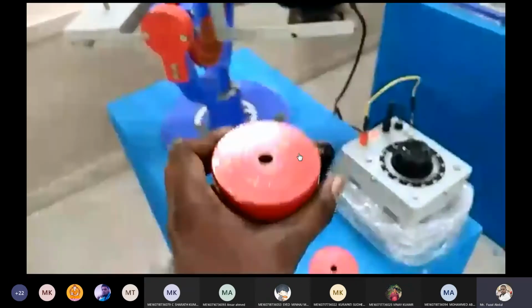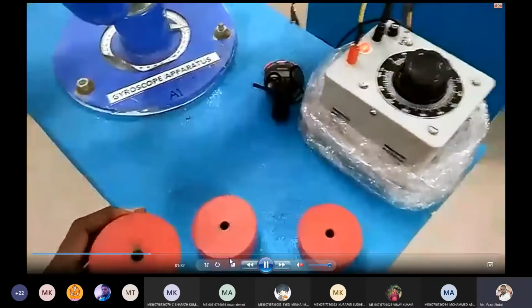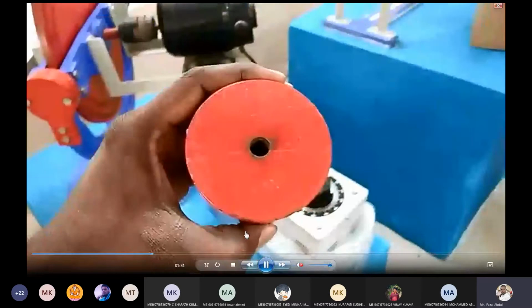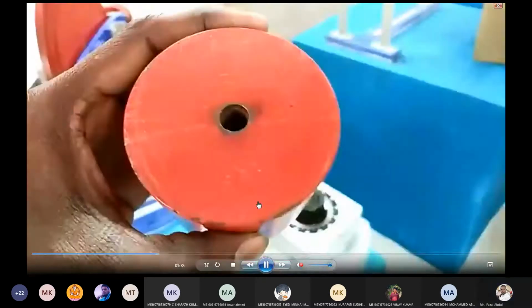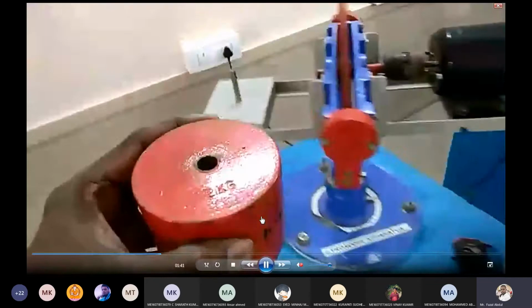This is the third load, which has 2 kg of weight. Like this we have to apply the load on the setup.